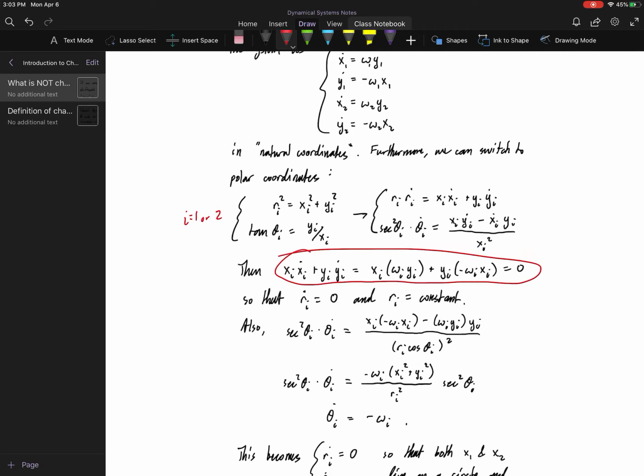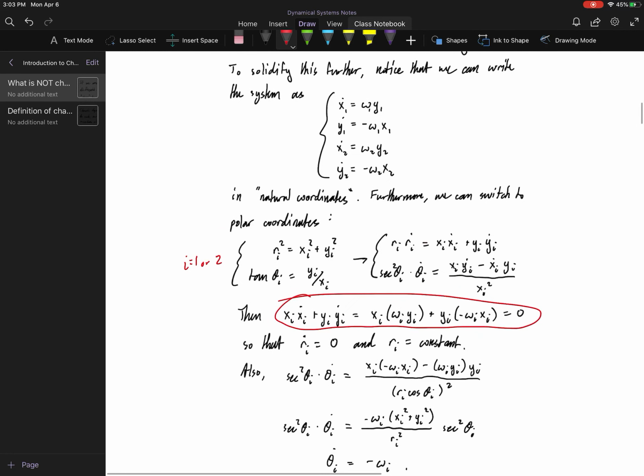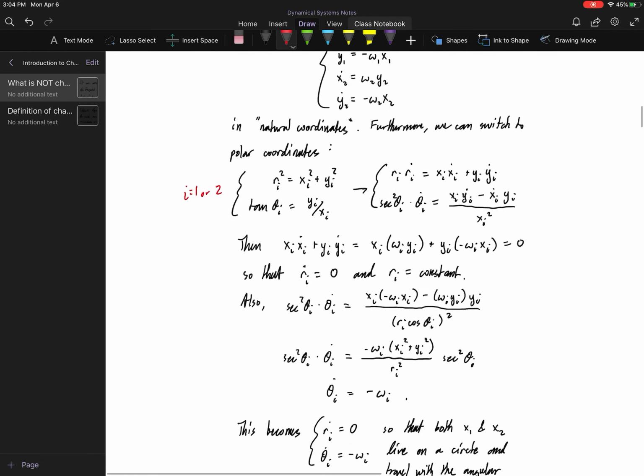Let's zoom in on the right-hand side of the r squared equation first. After differentiating, I can replace xi dot with omega i yi, and I can replace yi dot with minus omega i xi, or whatever I would like to choose.